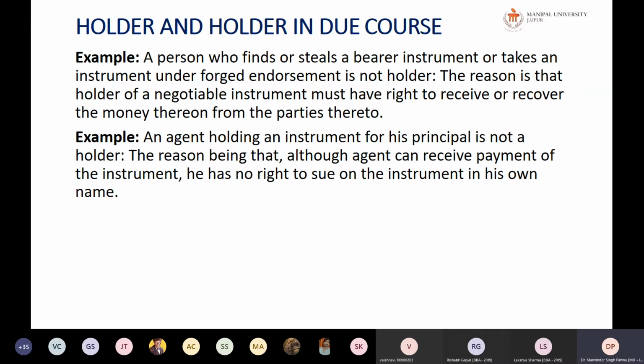Tell me. Vaishnavi, are you there? Yes, sir. Please tell me who is a holder of a negotiable instrument. I have no idea.